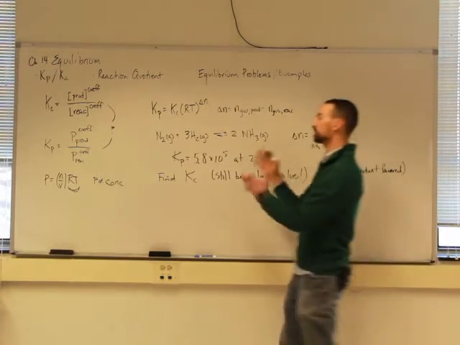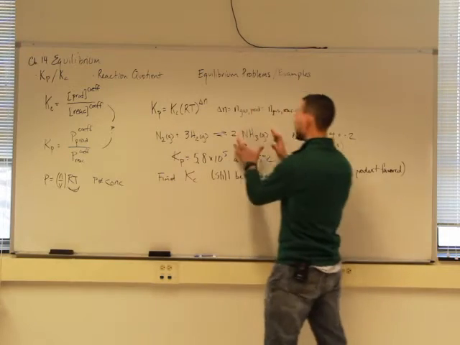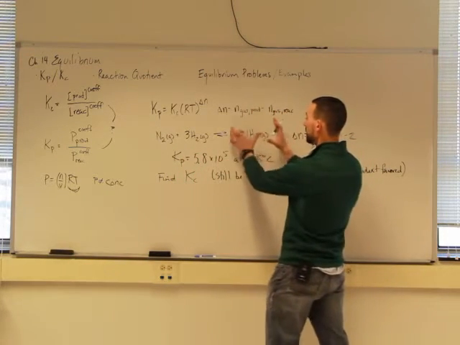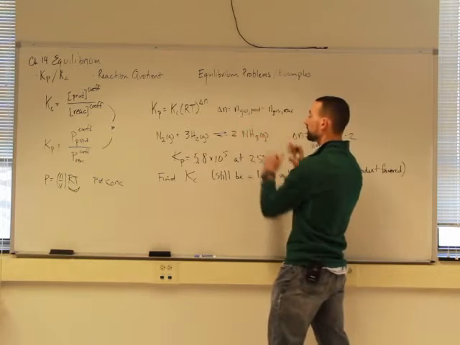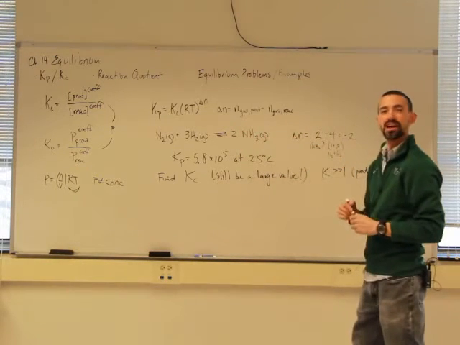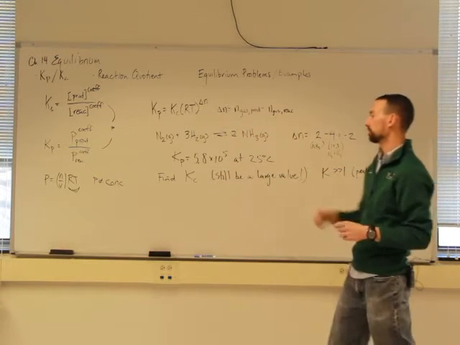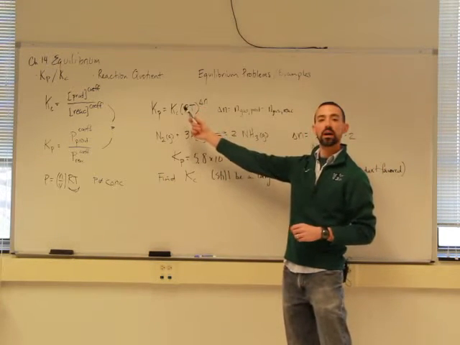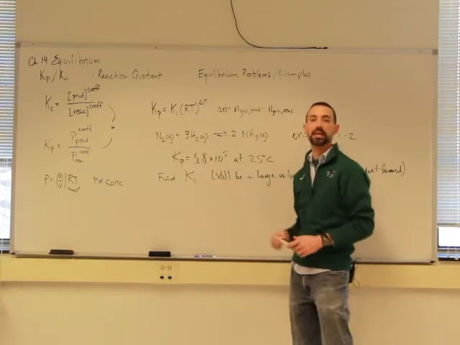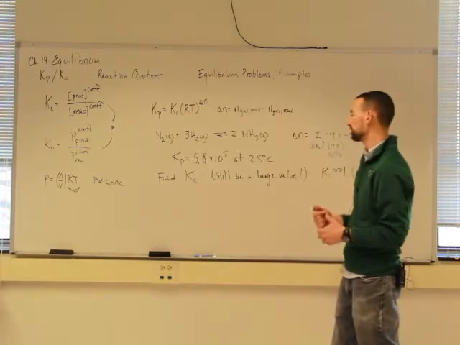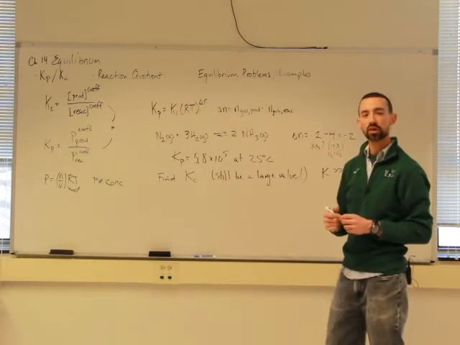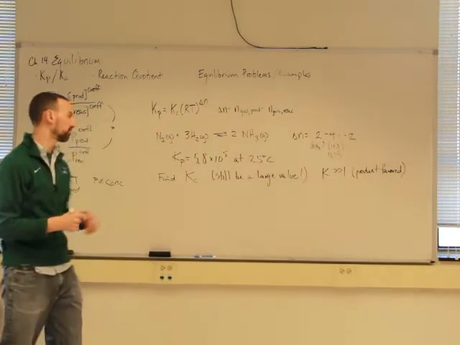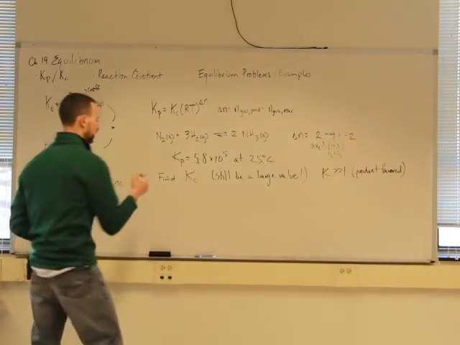Regardless of what I start with, a bunch of this stuff or a bunch of ammonia, this system wants to end on this side. It wants to have a lot of ammonia present in it. And it doesn't matter if I'm talking in terms of pressure or concentrations up there. It should still tell the same story that this is a product favored system. Okay? So I'm just thinking about what my answer should be before I dive into the calculation.